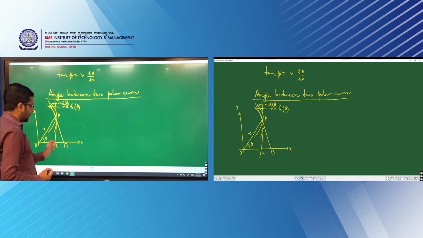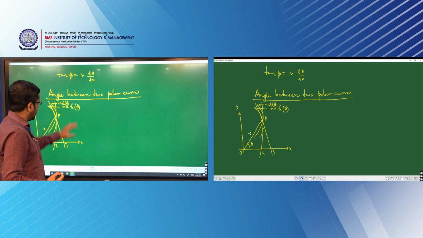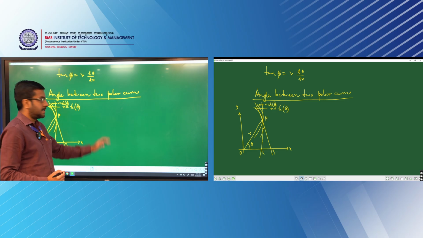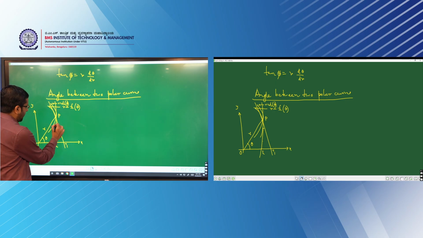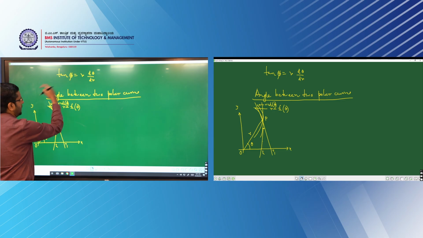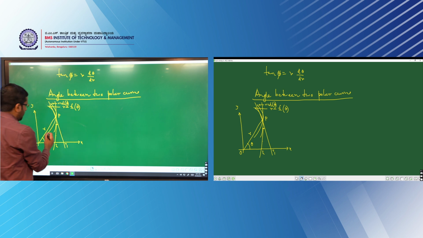This figure I drew last time when I showed the angle between the radius vector and the tangent to a polar curve. So now we have to find the angle between the tangents, but directly we cannot find it. For the angle between the radius vector and the tangent we know the formula tan phi is equal to r d theta by dr. First we find the angle between the radius vector and the tangent PT1, suppose this angle is phi 1.